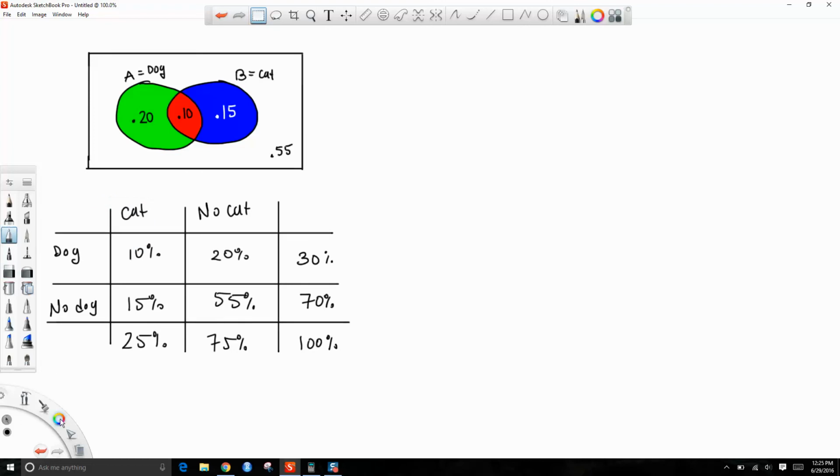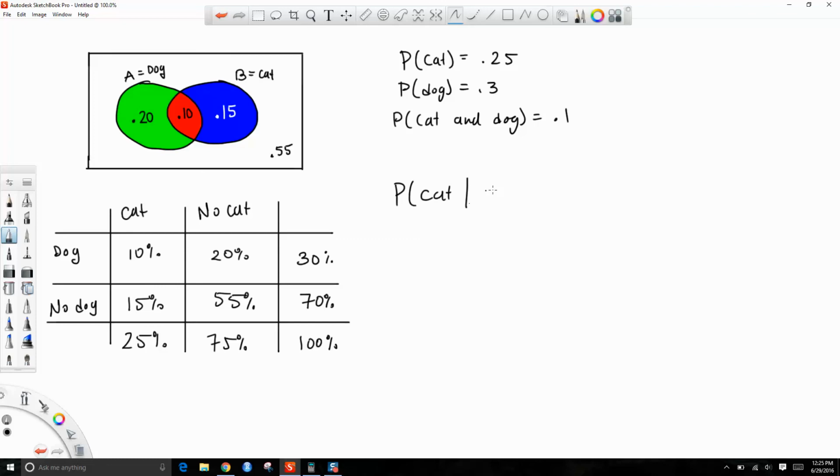Okay, so we've established the probability of cat is 0.25, the probability of owning a dog is 0.3, and the probability of owning a cat and a dog is 0.1. So here's the question. What's the probability of having a cat if we know someone has a dog?